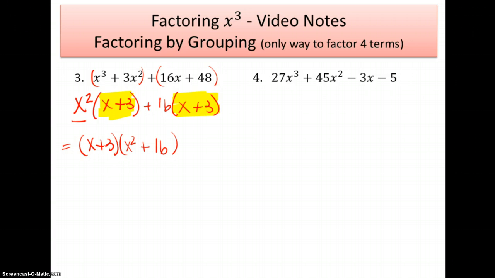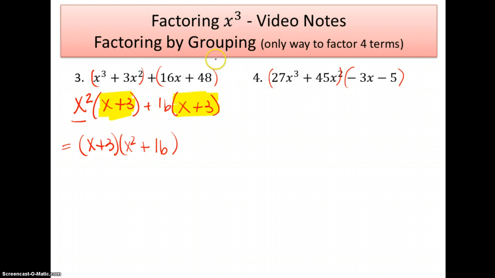Let's try it again. My directions say factor. I notice I have 4 terms. The only way to factor 4 terms is to factor by grouping. So I group the first 2 and the second 2. Well, what do these two have in common?